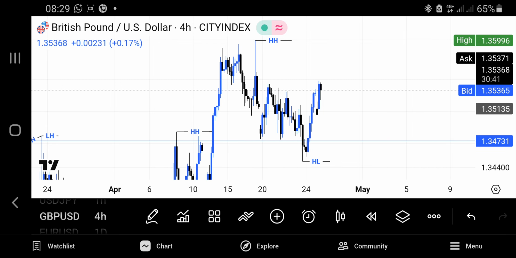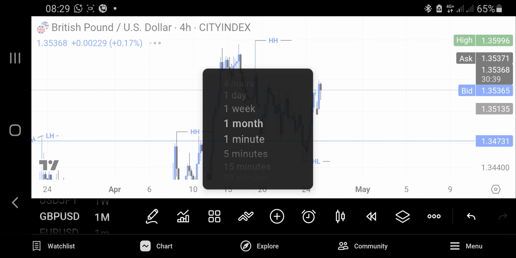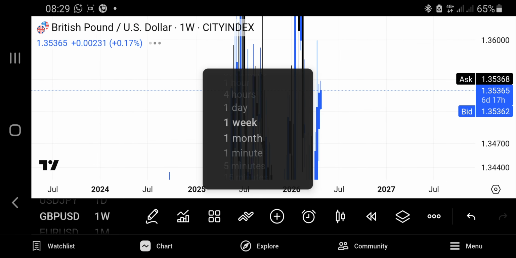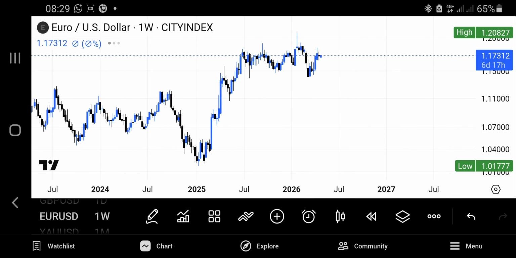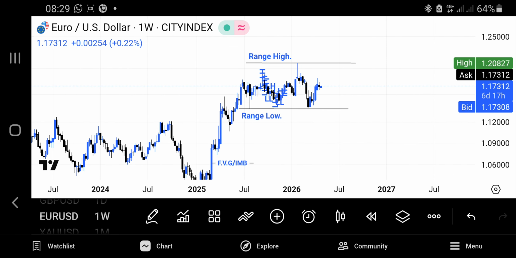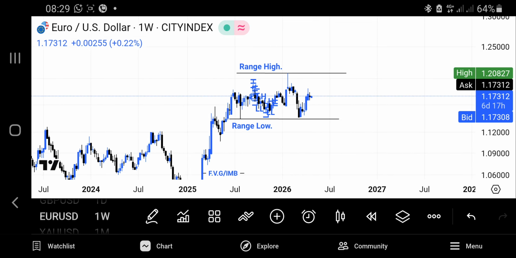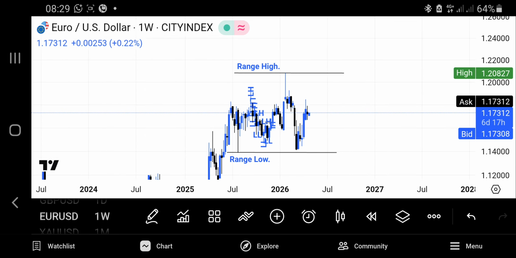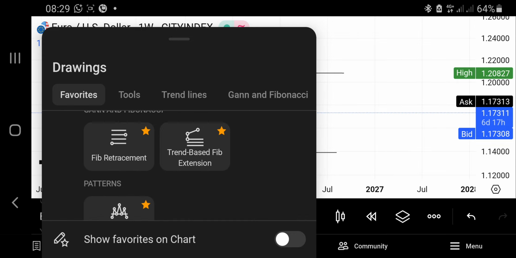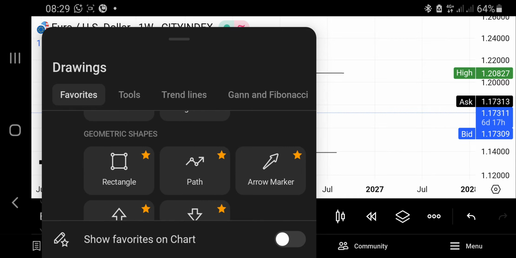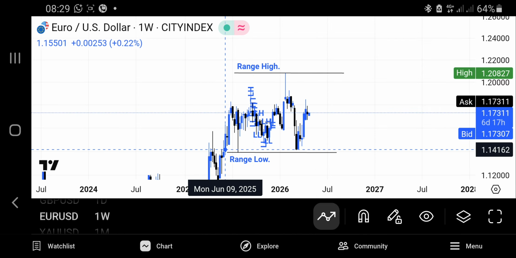Okay, so let's go to the weekly time frame for euro dollar, which is second to the last. You can see it is ranging, it is consolidating from the weekly perspective. No clear decision or move.